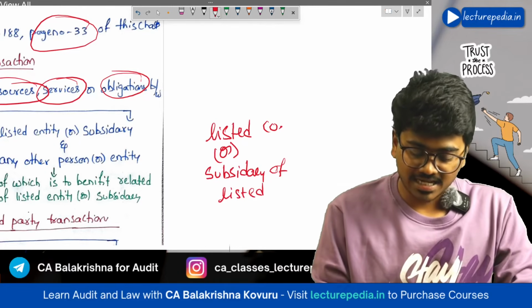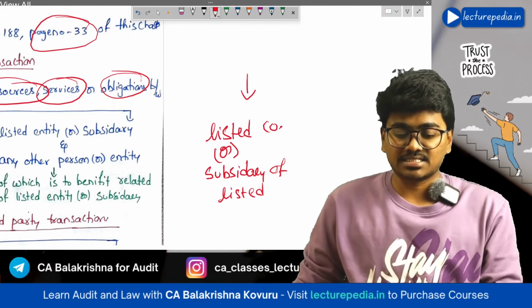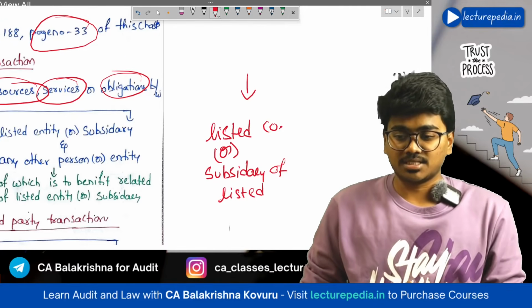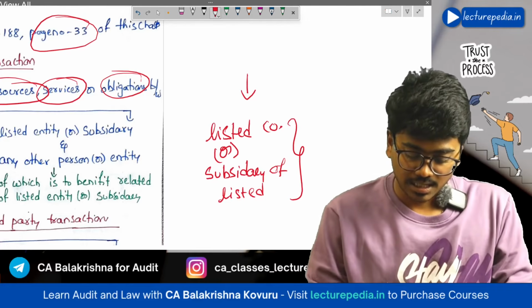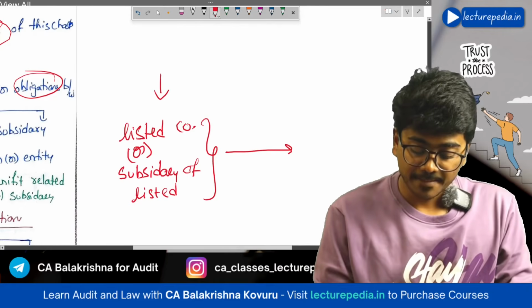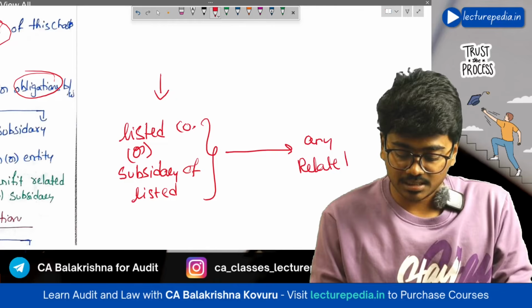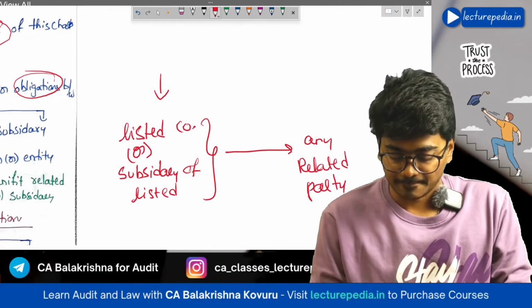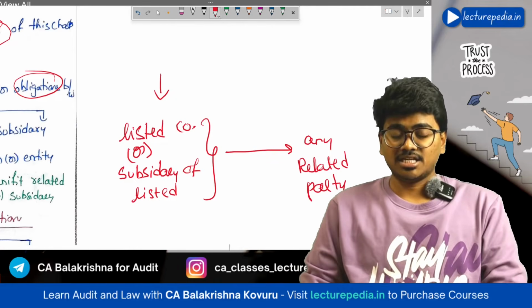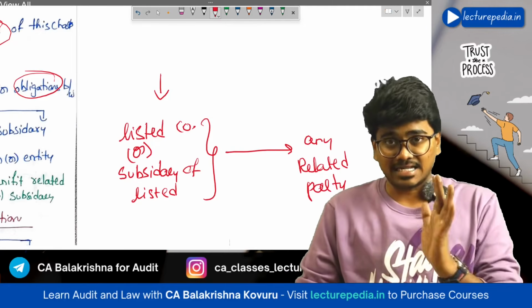On one hand, one party of the transaction is either the listed company or a subsidiary of the listed company, and these people enter into a transaction with any related party. Such a transaction is known as a related party transaction.